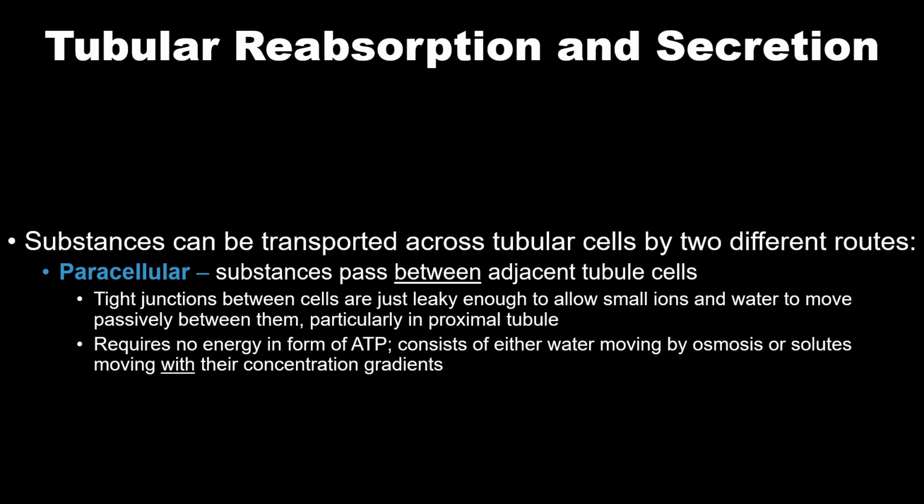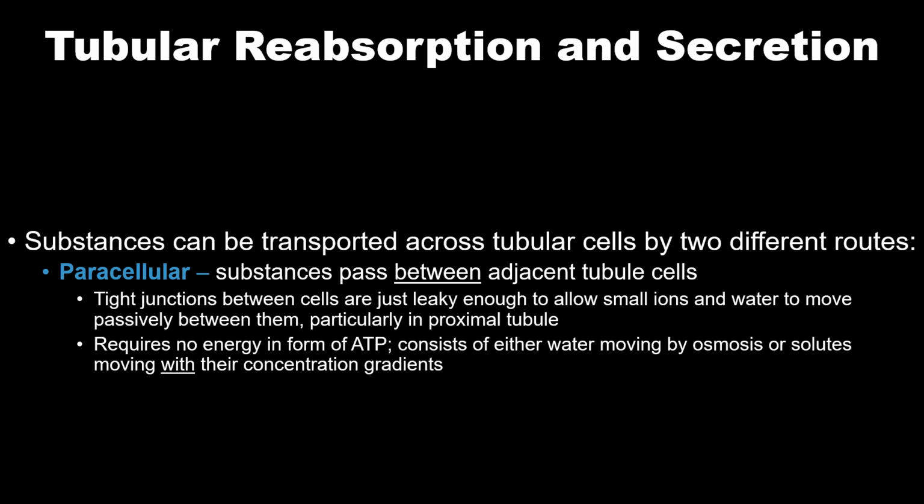So there are two different routes across epithelial cells: paracellular and transcellular. Just as a quick review, the paracellular route is when the substances pass between adjacent tubule cells. These tight junctions between the tubular cells are just leaky enough to allow some substances like small ions and water to move passively through them.